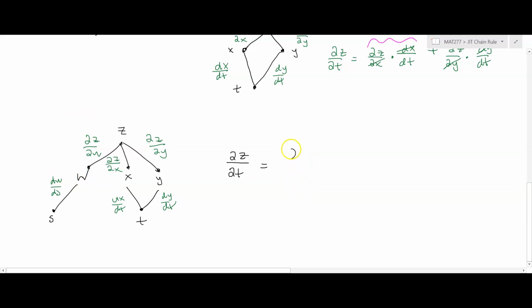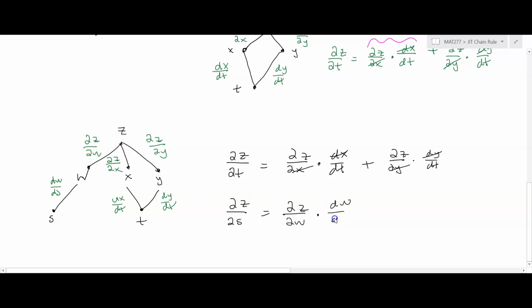Let's say this will be dz dx times dx dt, because X depends on T, plus the change in Z due to Y, and the change in Y due to T gives me all the changes that are caused by T being adjusted. Now dz ds would only consist of one term because if S changes, it will only impact W. So this will be dz dw, following this chain to get to S, times dw ds. And again, you can see that's our contribution.